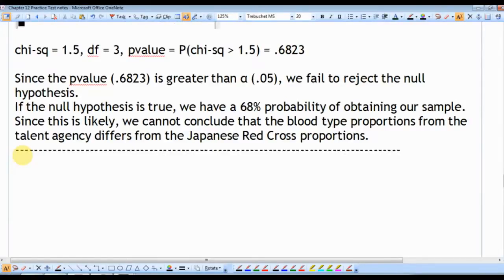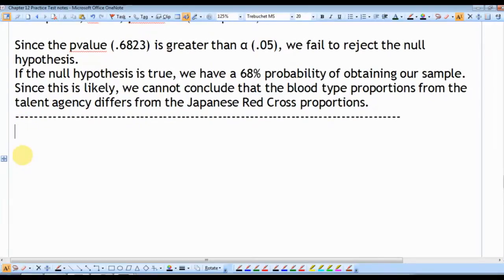This is my favorite. Okay, so we're going to get started, everybody. Part A, we have two categorical variables. Number one, two categorical variables.